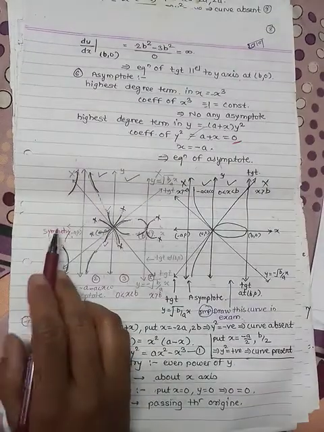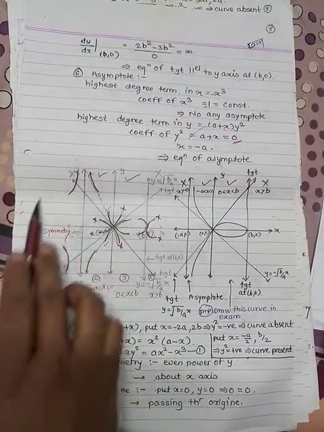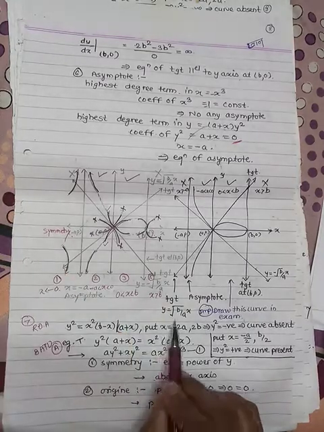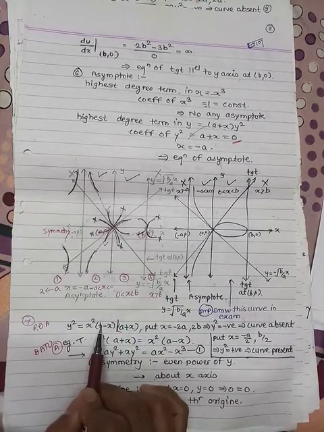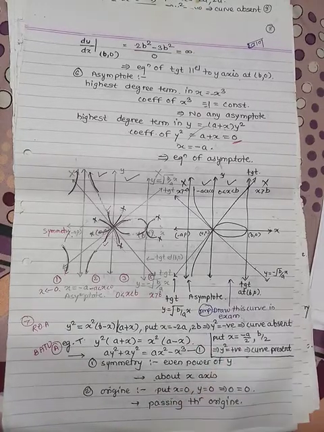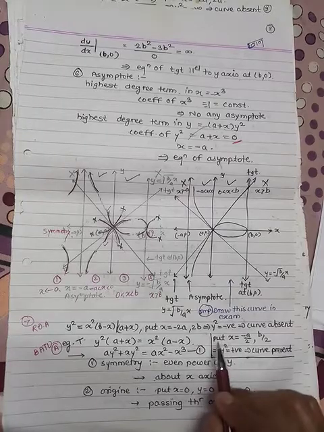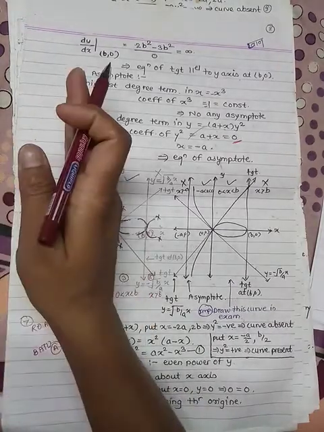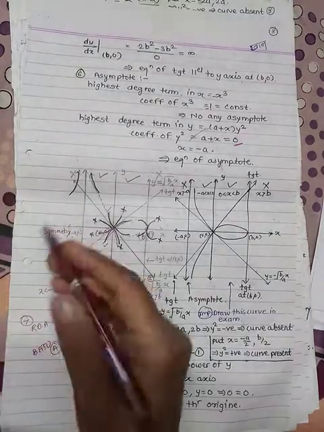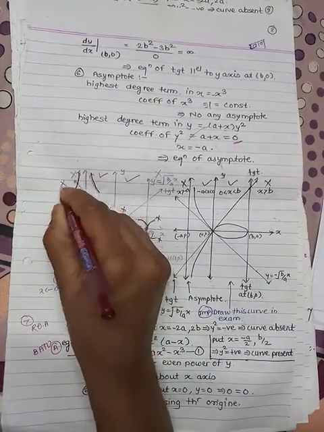So hence in this partition take the value of x as x equal to minus 2a. So put x equal to minus 2a in this function, by calculation we get y square equal to negative value. You can check this in rough. So y square equal to negative, that is curve is absent in this region. So x less than minus a, the curve is absent.